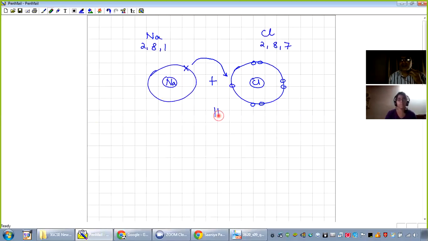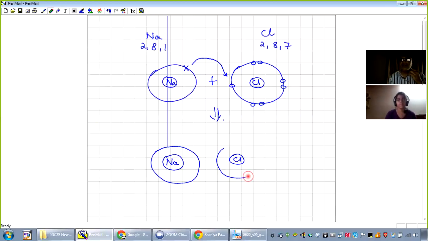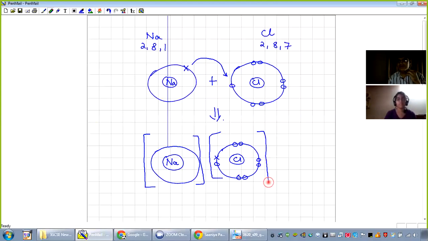After combination of these atoms, they will be represented like this. Here Na is there. That electron will be lost, so I'm not going to show any electron over here. Cl is there, 1, 2, 3, 4, 5, 6, 7, and that one electron has come from sodium. Now these both things will be shown in a box.